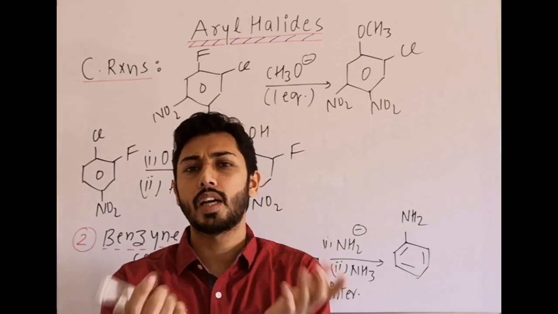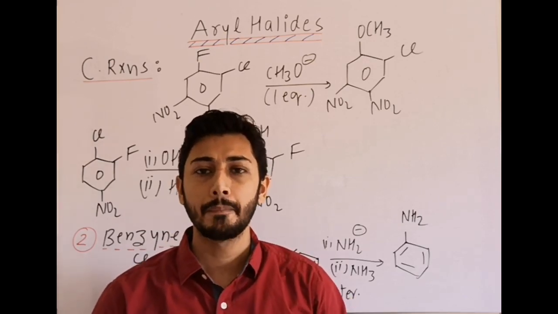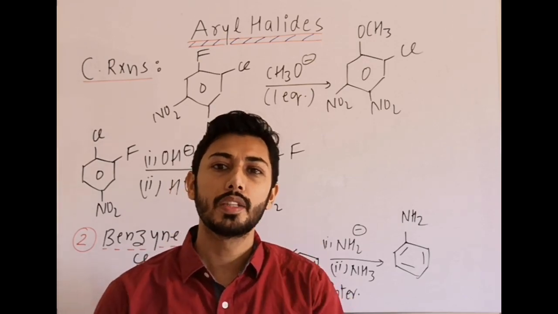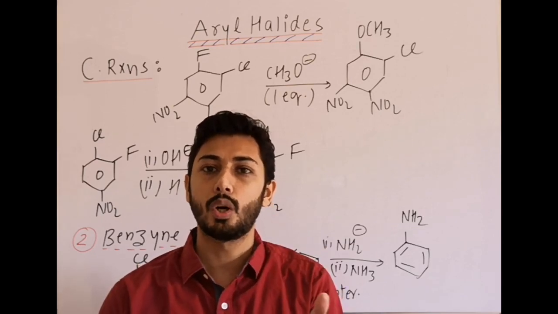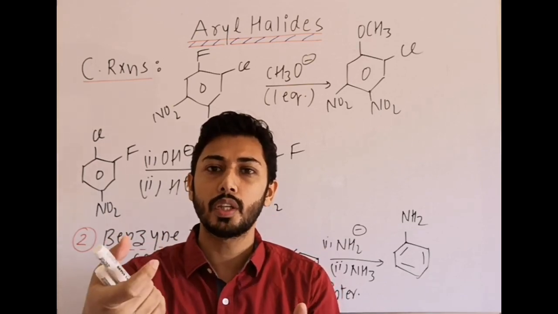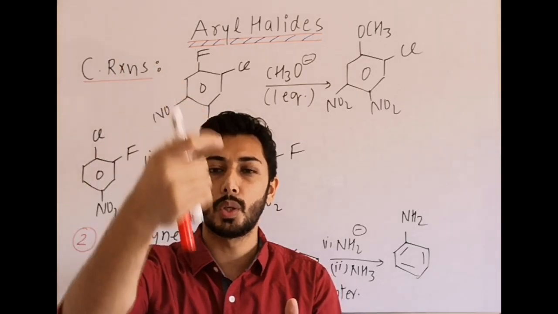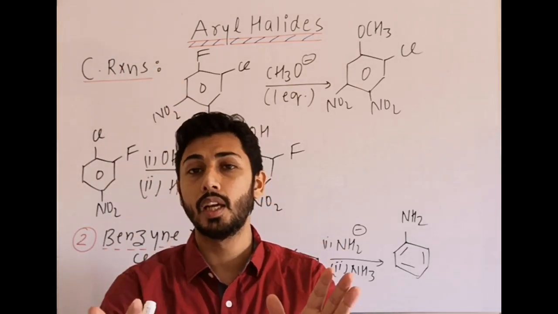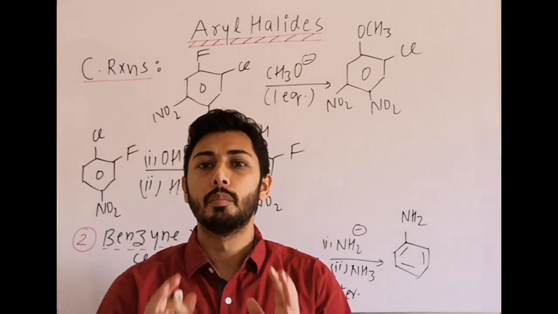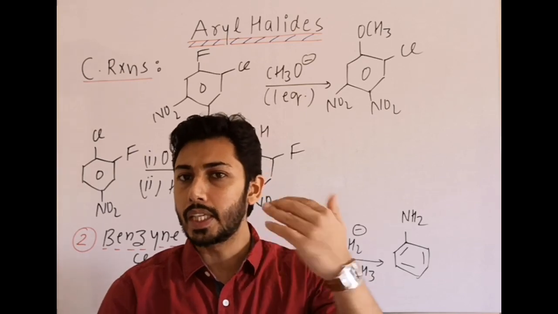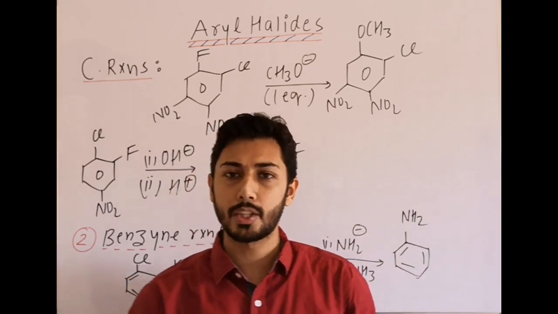When both electron withdrawing effects are the same, then what we can do is consider the -I effect of the halogen. Where the -I effect of the halogen is more, faster attack of the nucleophile takes place. That is the way we do this example, because electron withdrawing effects increase the rate of Ar-SN reaction.